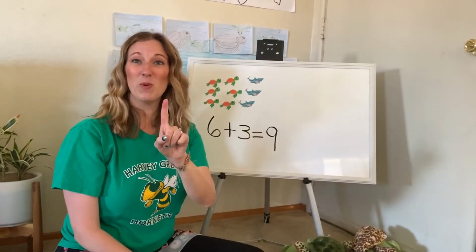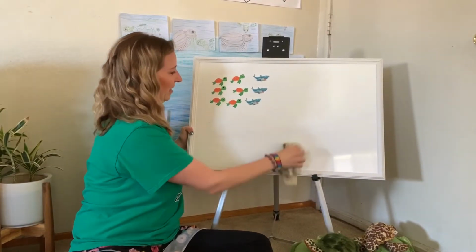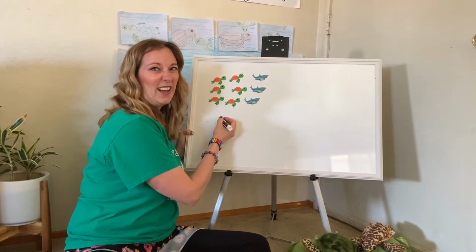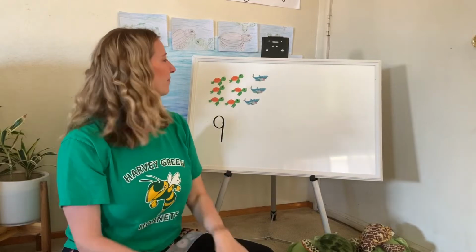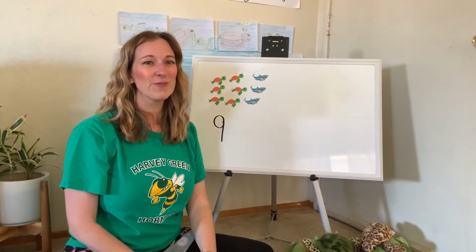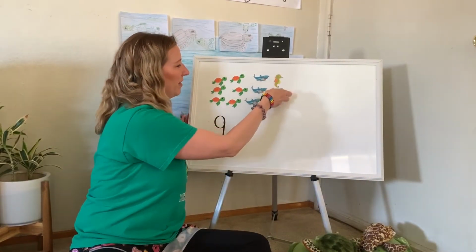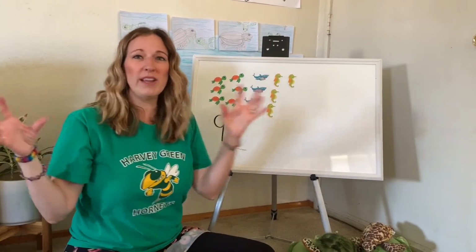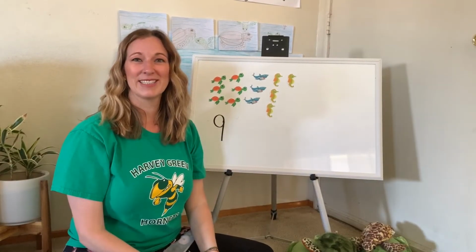Let's try one more. Let's start with our 9 sea creatures. This is a challenge. We have 9 sea creatures hanging out at the reef. 4 seahorses join them. 1, 2, 3, 4. Now to join means to come together. So do you think we're going to add or subtract?